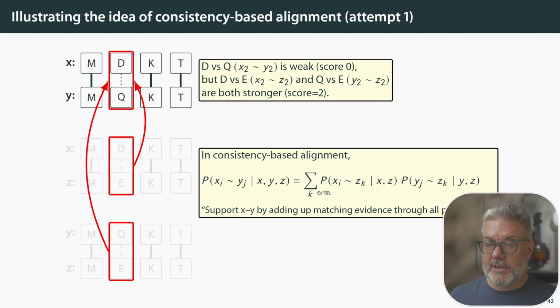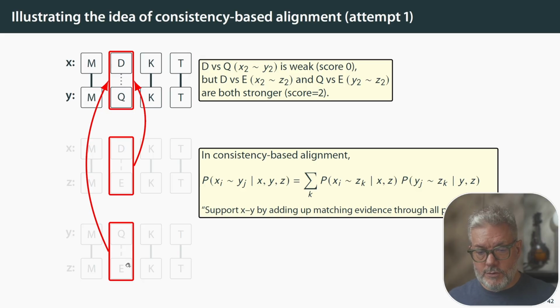And what we end up getting is basically this. This position here is now the sum of the products of these probabilities. If you just look at x sub i, z sub k for XZ, just at position 2, we already know that's going to be higher. The score is 2, and just this position is going to be higher because it has a score of 2.